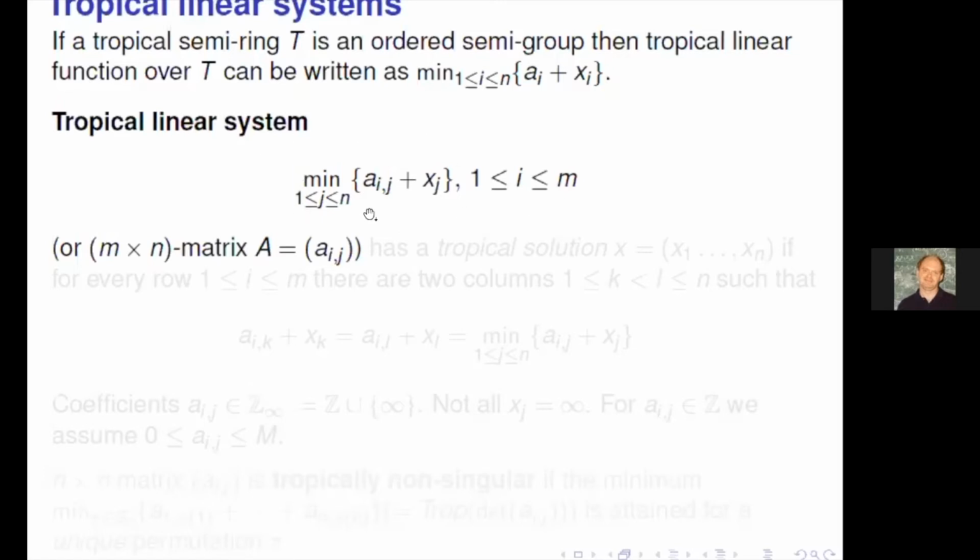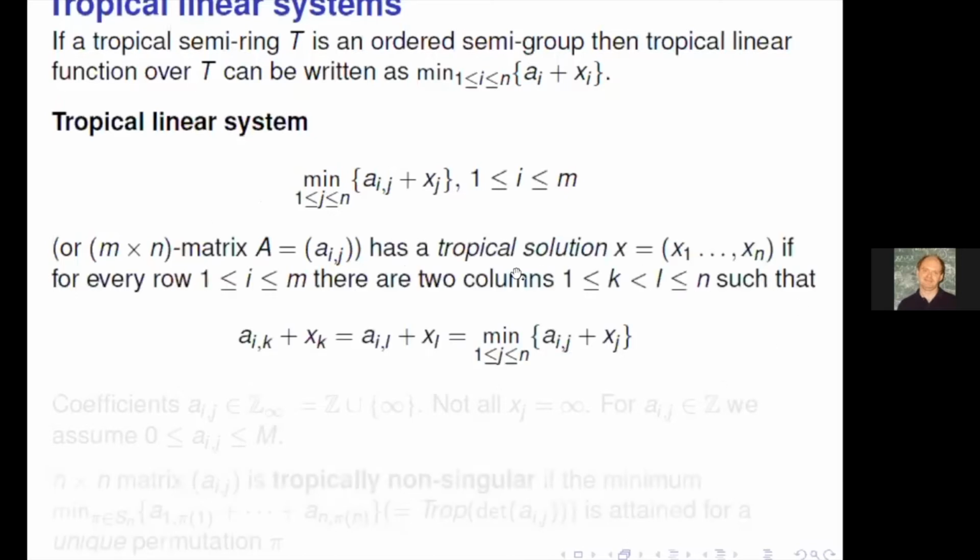And I remind that on one of the previous slides, I defined what it means to be a root of a tropical polynomial. And we say that this system of polynomials has a root if x satisfies, I remind this definition in the application to tropical linear systems rather than general polynomials.